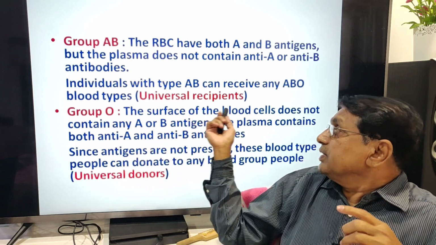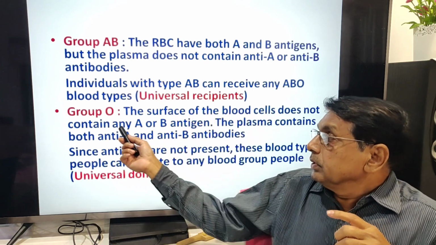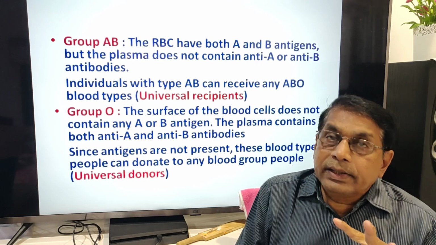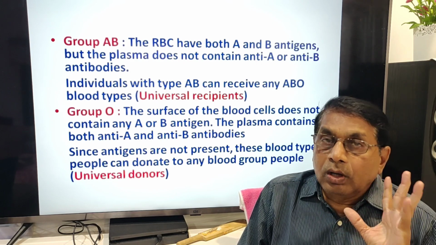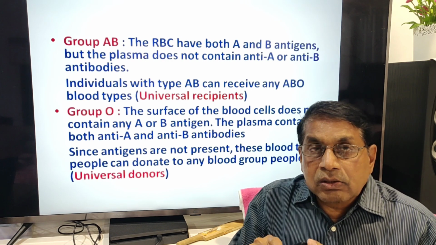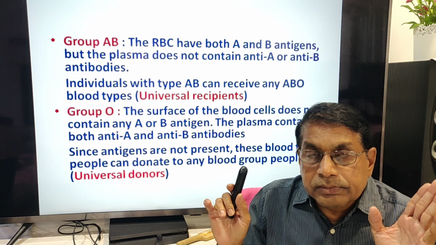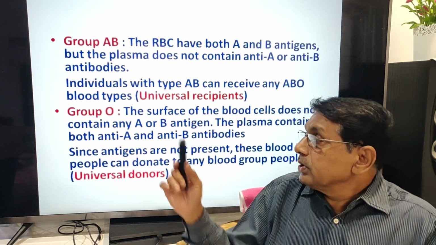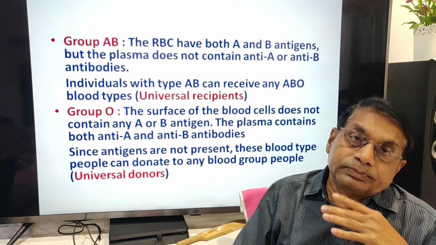In the O group, the surface of the RBC does not contain any A or B antigens. O, or 0, we can say. But interestingly, both types of antibodies will be present in the plasma.